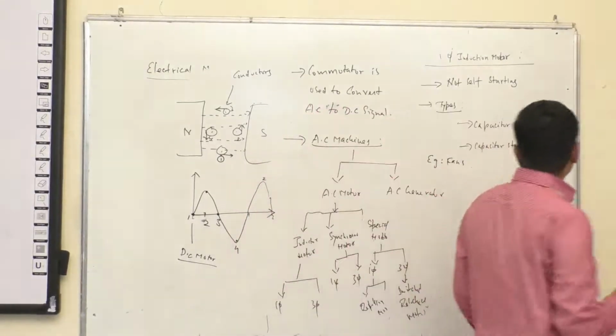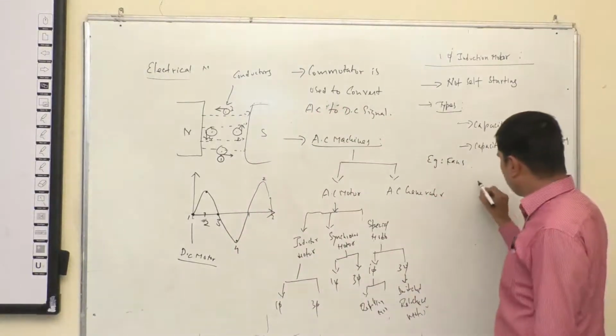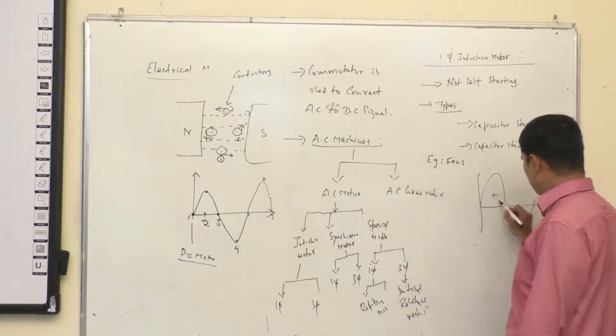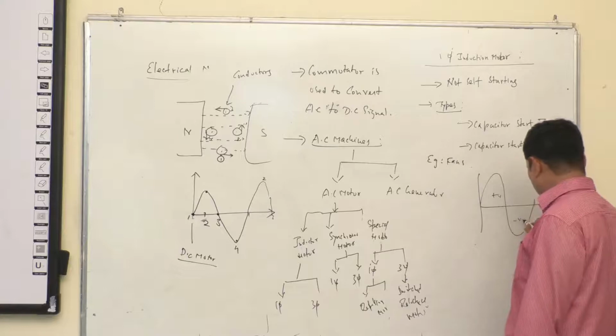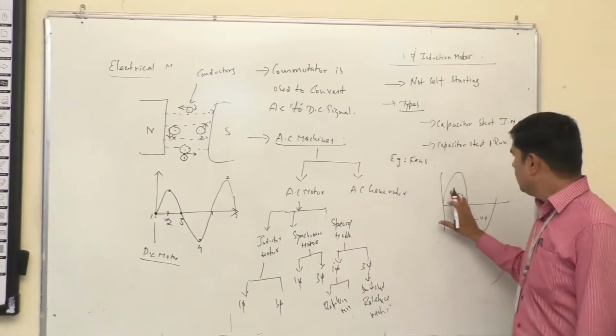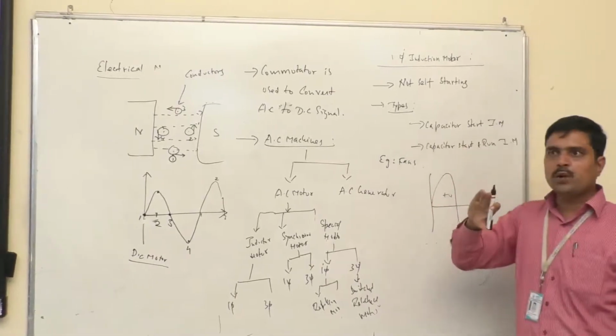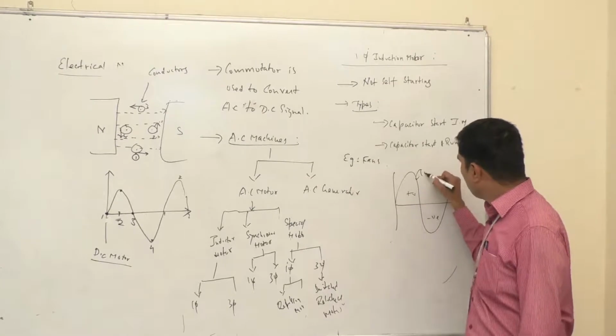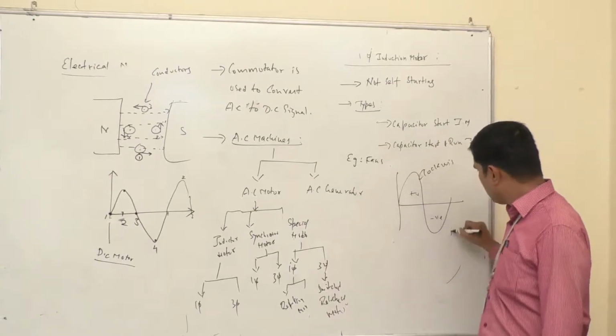Why is it not self-starting? We know that single phase carries a positive half cycle and a negative half cycle. If you give a single phase to any device, with the positive pulse it tries to rotate in the clockwise direction, and with the negative pulse it tries to rotate in the anti-clockwise direction.